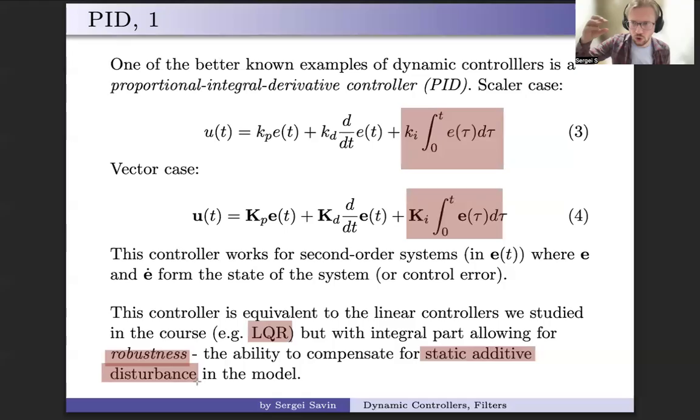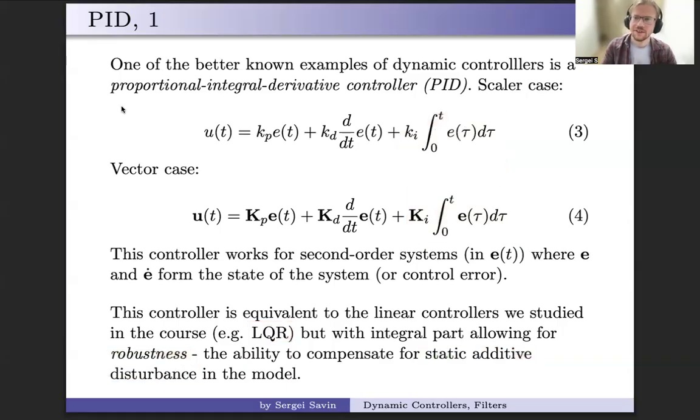So, for example, you have a robot, and there is a static force that pushes it away from the goal. It should be here, but the static force pushes it a little bit away, right? This type of static force can be combated by this integral part. We'll come back to it after we finish discussing PID. I will discuss this property in just a couple of slides.